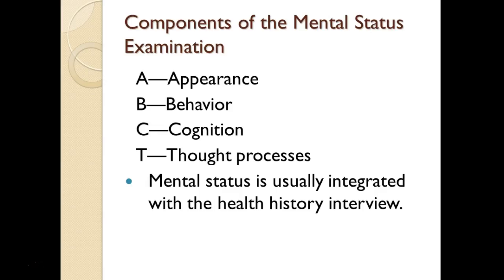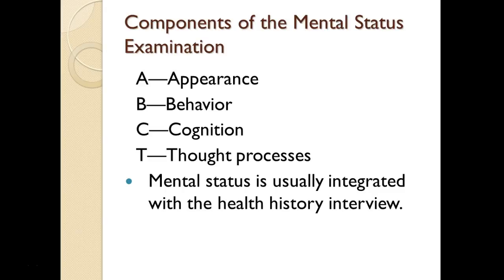So the components of the mental status examination are listed here. We abbreviate them A, B, C, T. And I'll go into more detail about what is included in each of those components. But I want to make this point that normally we do not do a separate assessment of the mental status.